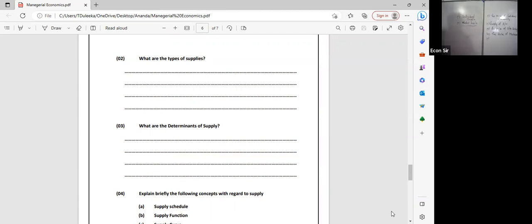Desire of producer. එයාගේ තියෙන කැමැත්ත. ඊට පස්සේ weather condition.